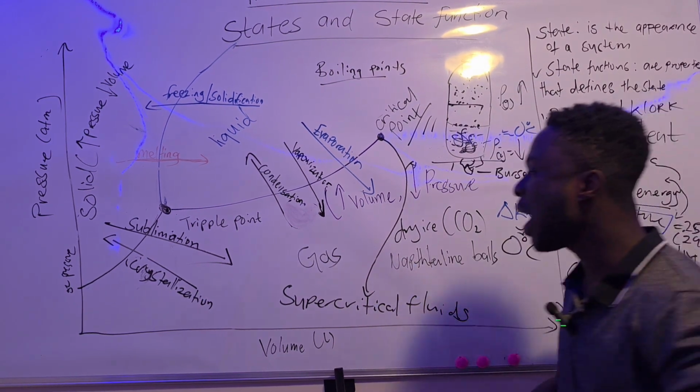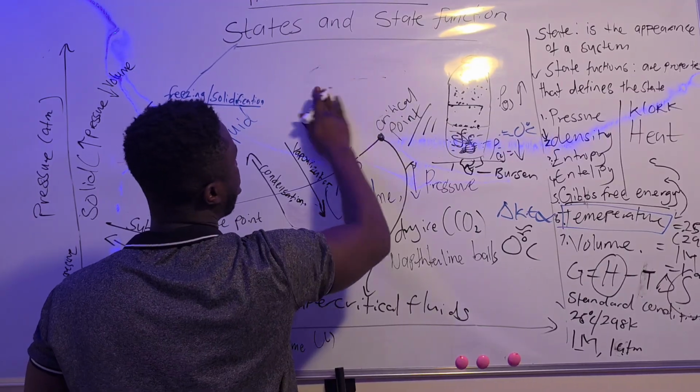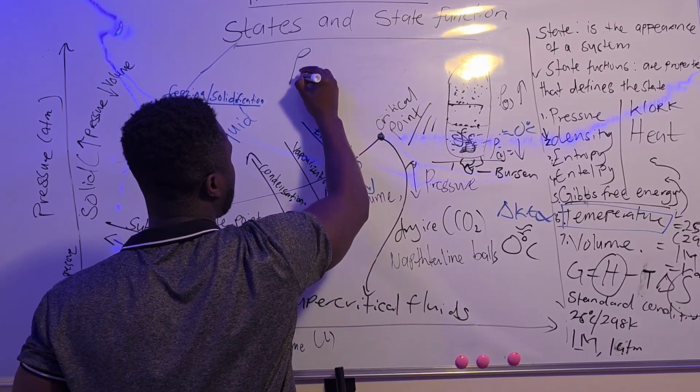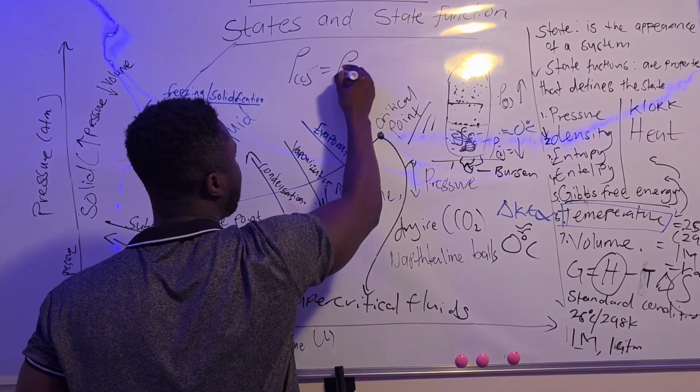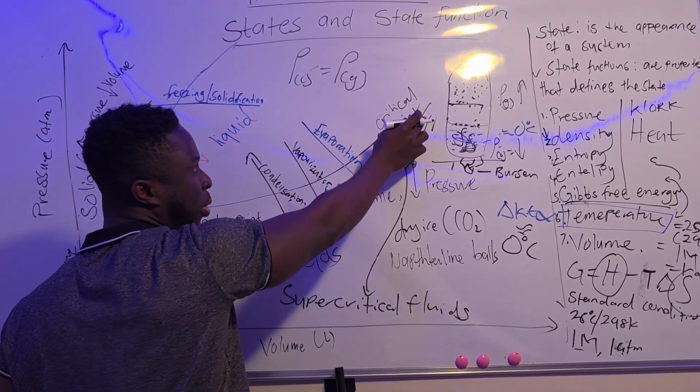The point where the density of the liquid is equal to the density of the gas is the point that we call the critical point.